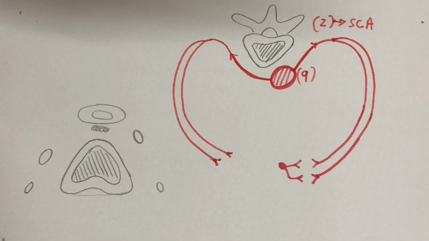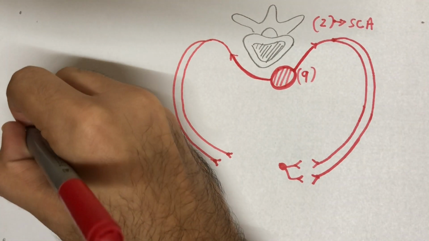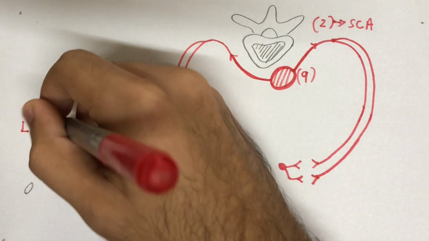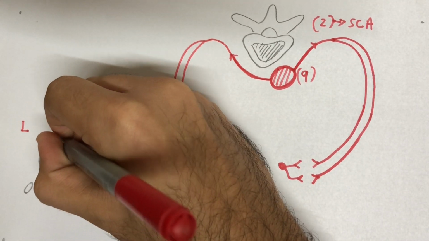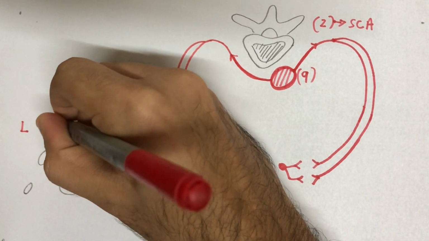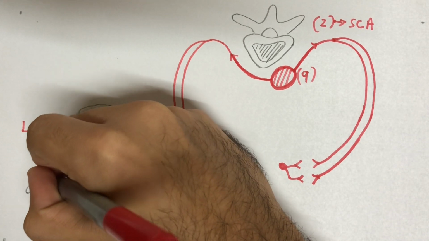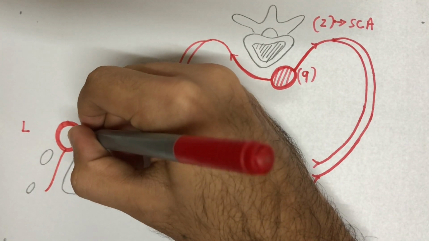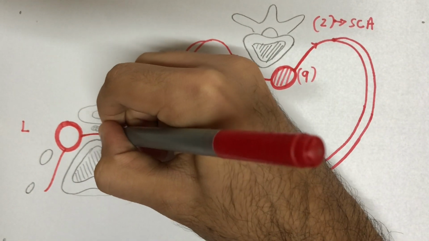If you look into the relations, this will be the right side, this will be the left side. The aorta is situated here. So the posterior intercostal arteries arising from the left will trace as such, and from the right in some similar manner.